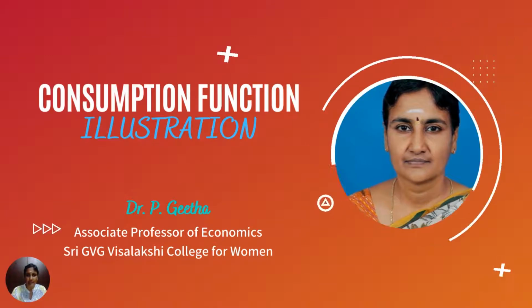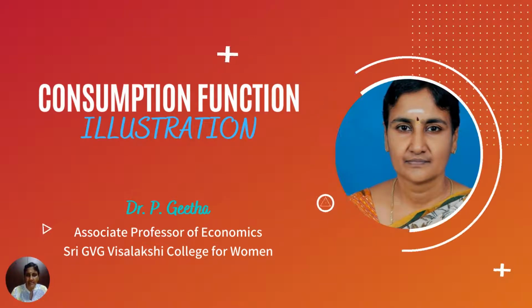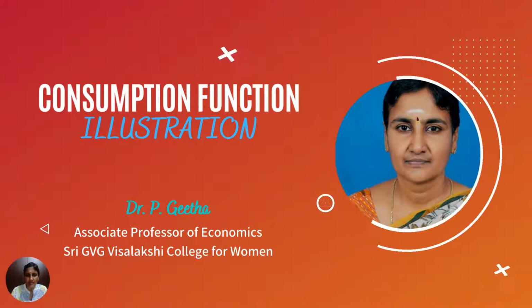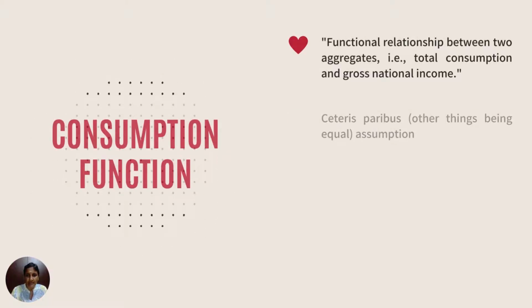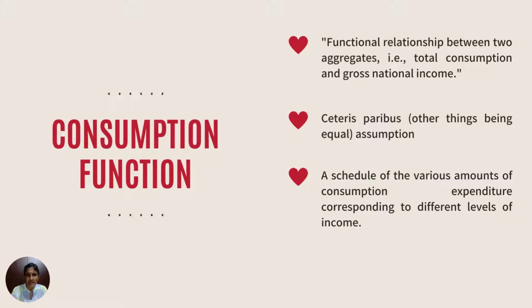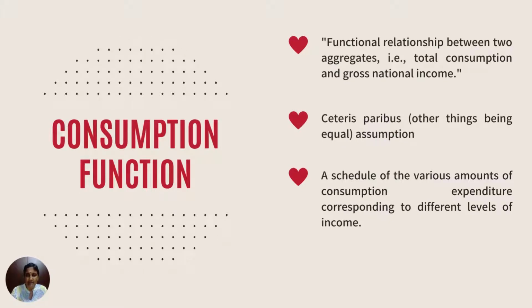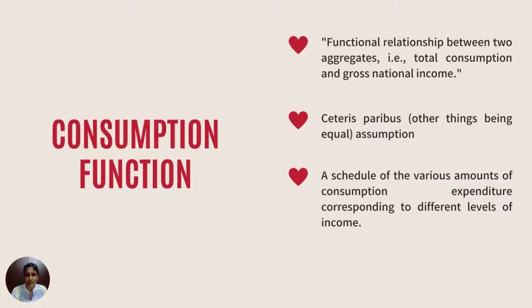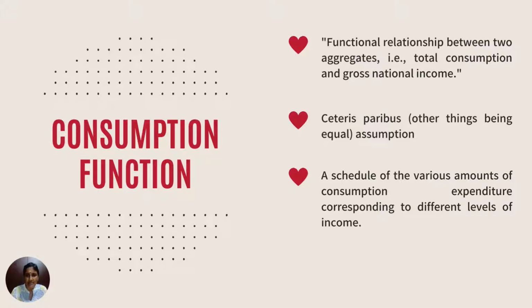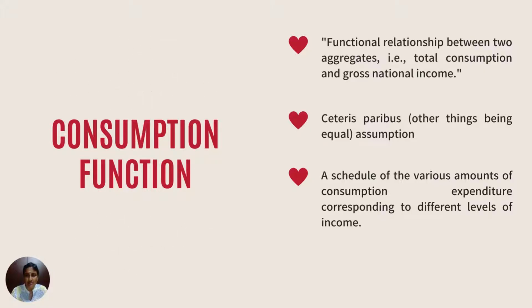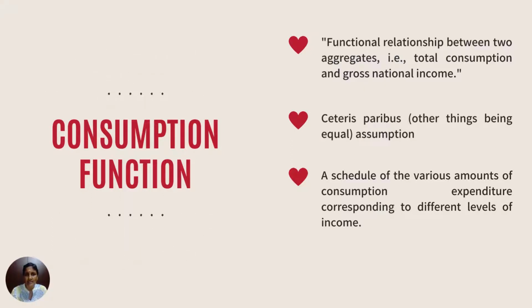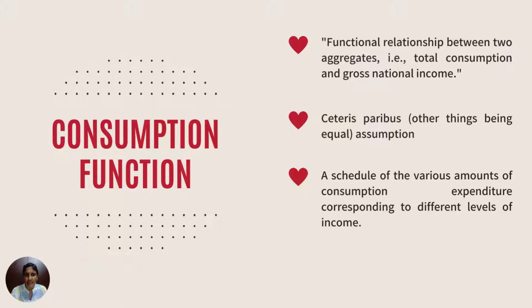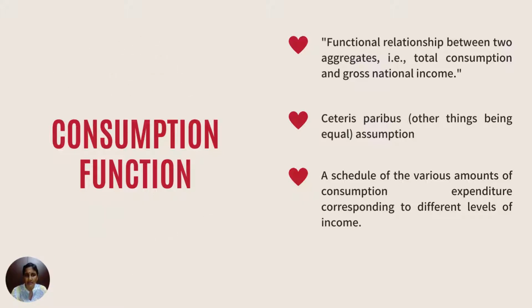In this video, we will see how the consumption function is illustrated. Consumption function is a functional relationship between two aggregates, total consumption and gross national income. This relationship is based on the ceteris paribus assumption, meaning other things being equal.